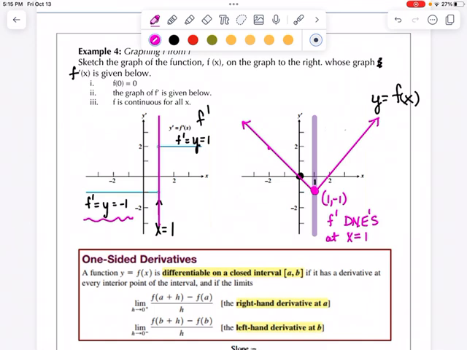Okay, so we know the slope doesn't exist there because the slope is a limit. So remember that if you have the limit as x approaches 1 from the left, it has to equal the limit as x approaches 1 from the right. But keep in mind, I'm telling you that slope is not this function.